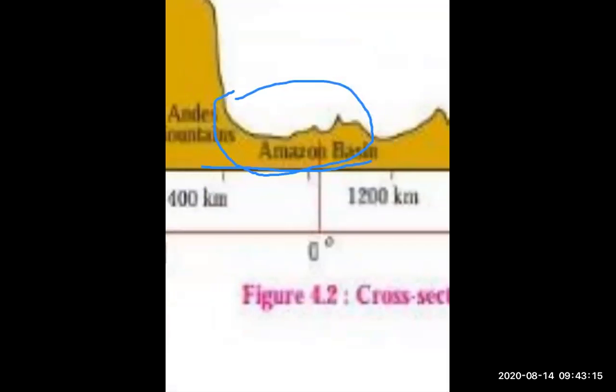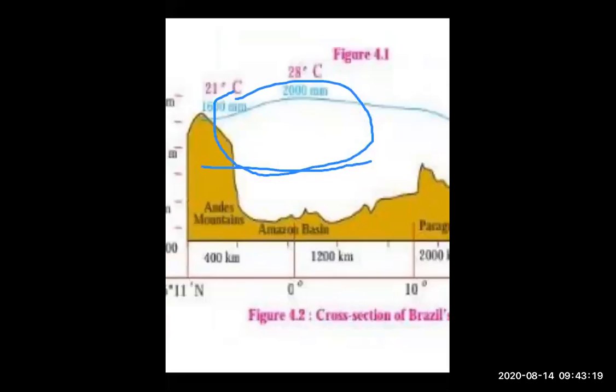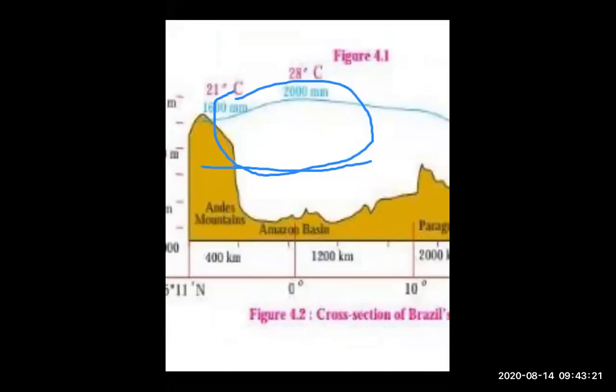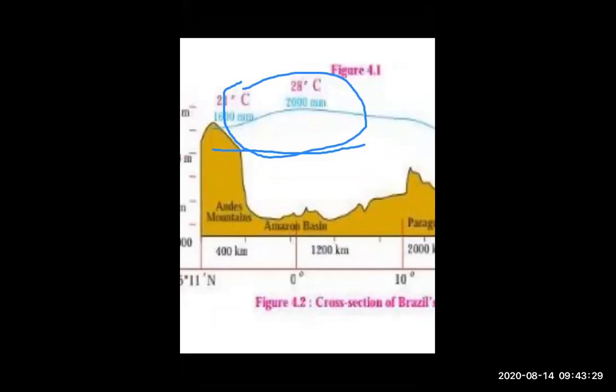In the Amazon basin, there is always higher rainfall. You are seeing there is a higher rainfall in the Amazon basin because here the temperature is 28 degrees Celsius and the rainfall is 2000 millimeter.